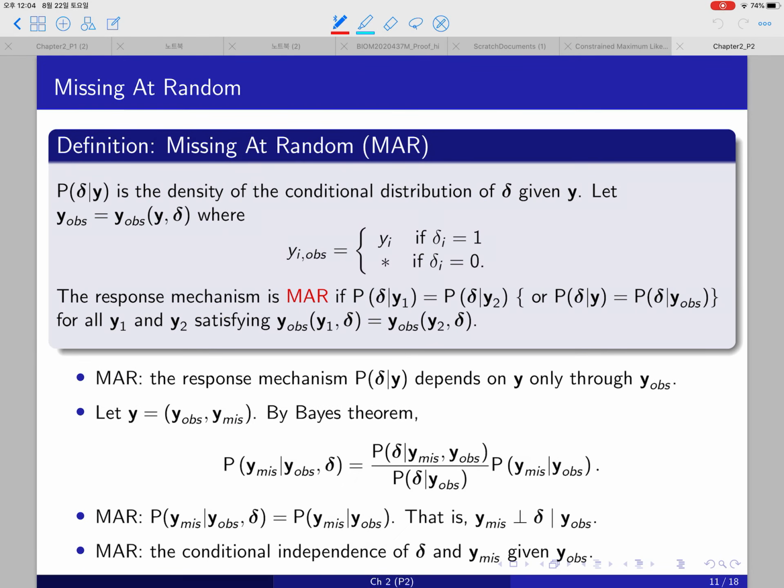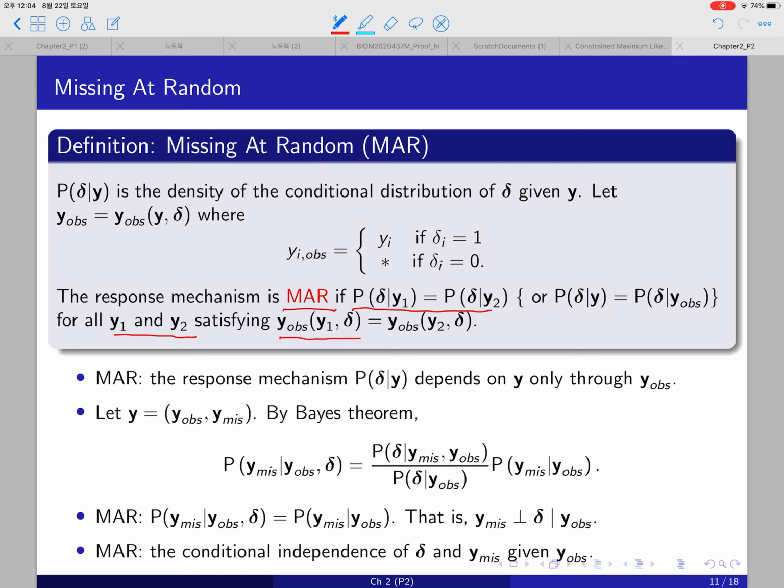So we now introduce a very important concept in handling missing data. The response mechanism is called missing at random if the probability of response, conditional on y, does not depend on y except through the observed part.